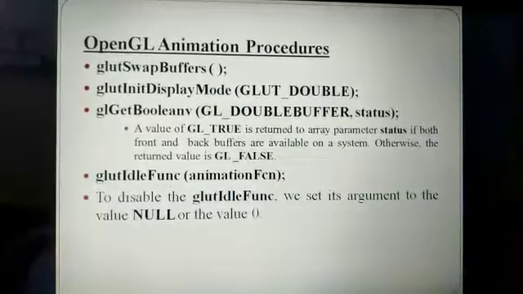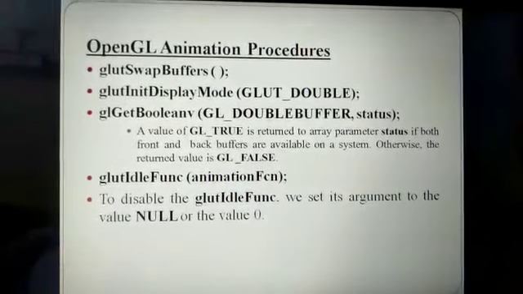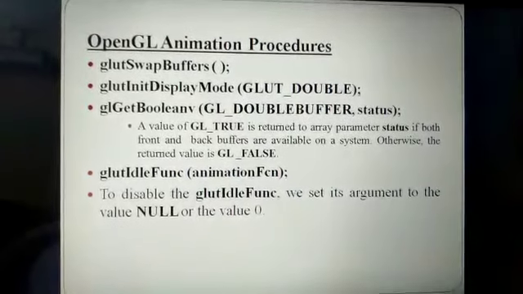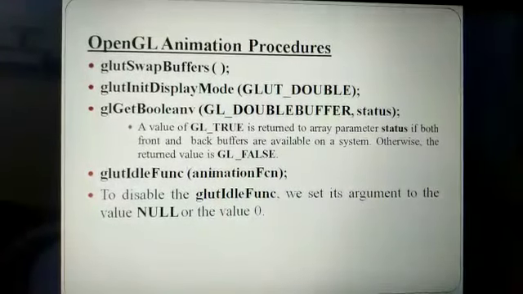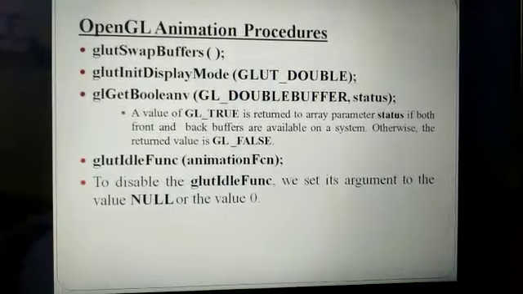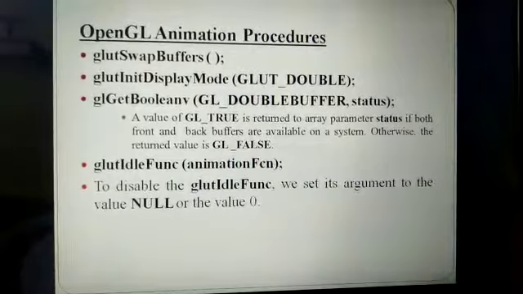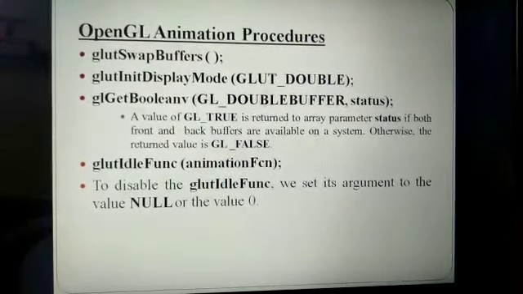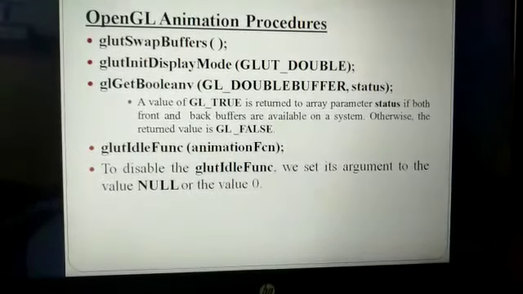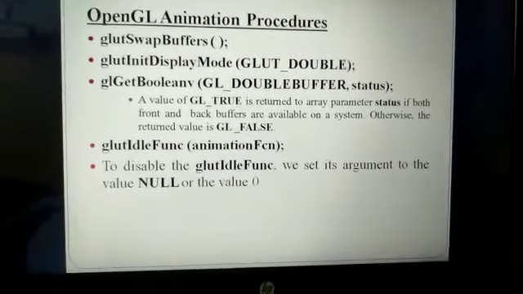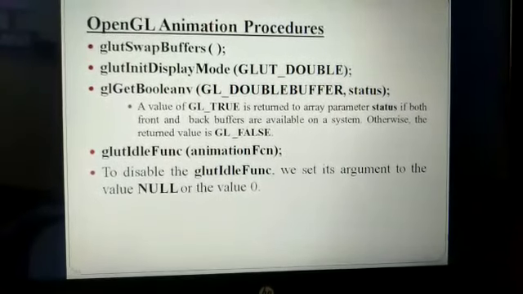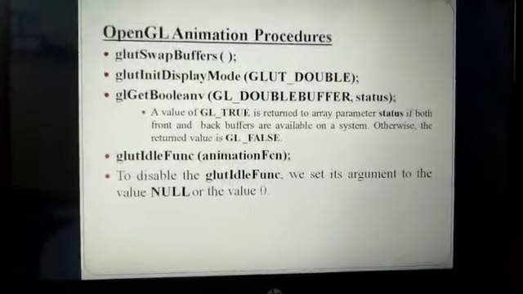To determine whether double buffer operations are available on a system, we can issue a query using the glGetBooleanv function with GL_DOUBLEBUFFER and the status. For continuous animation, we can also use glutIdleFunc, where the parameter animationFunction can be assigned the name of a procedure which performs the operations for incrementing the animation parameters.